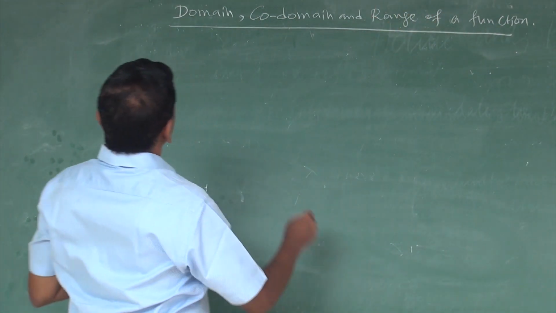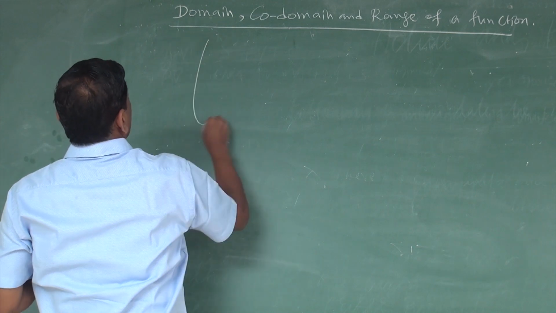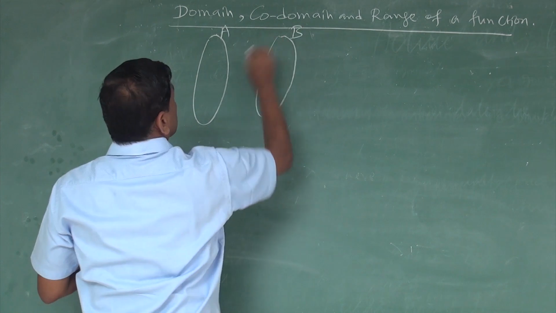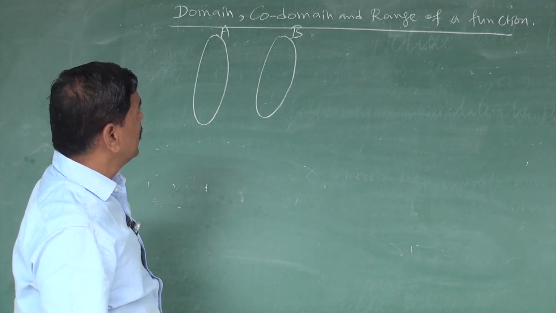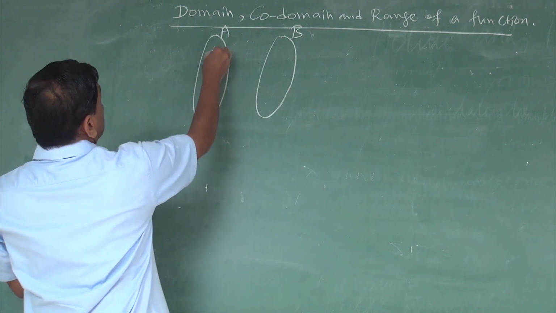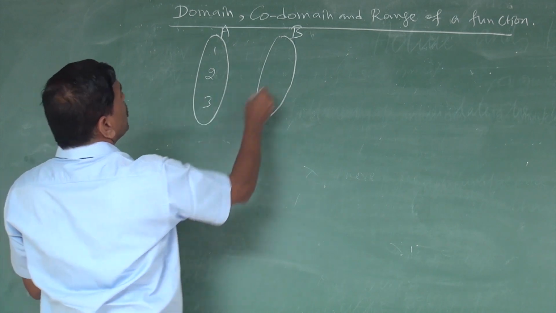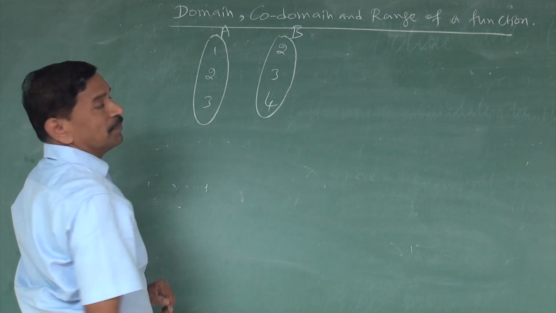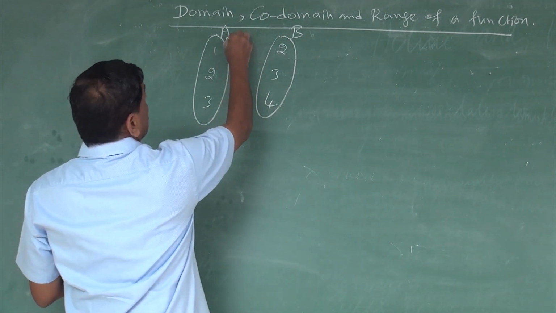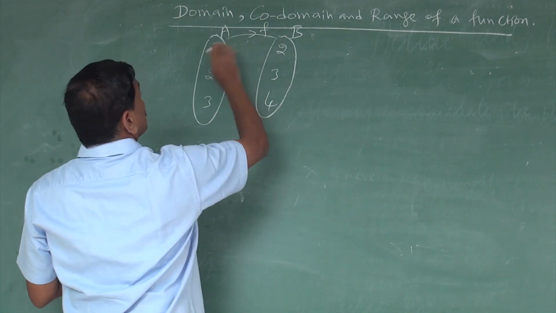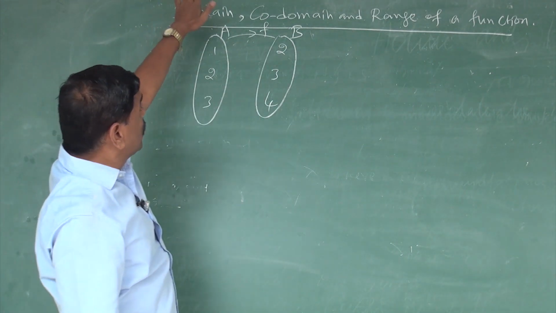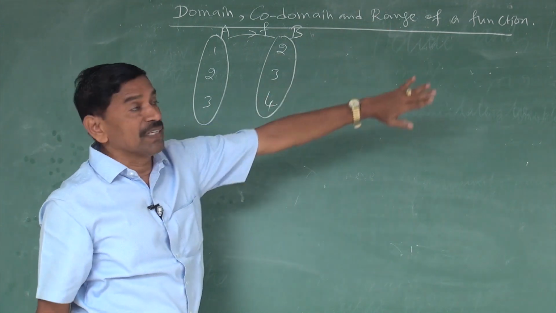See, for example, let us consider two sets A and B, in which suppose the elements are 1, 2, 3 and here 2, 3, 4. Here f is a function from A to B. Now we want to learn about domain, codomain, range of a function.